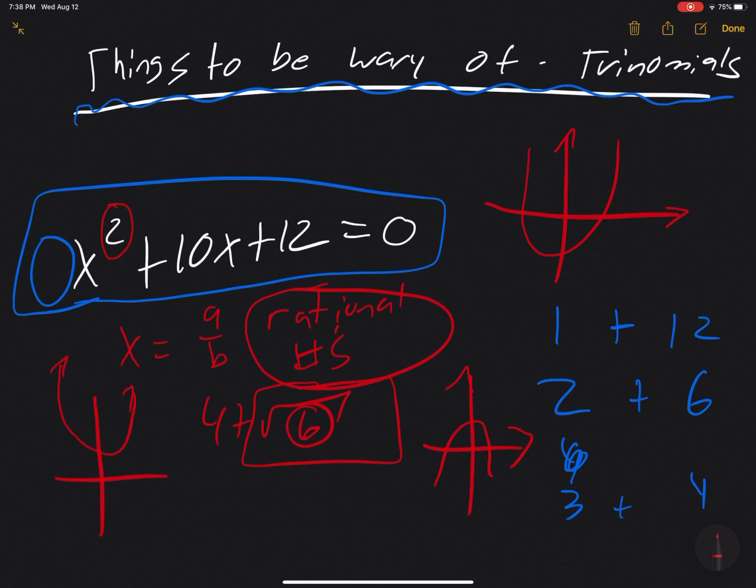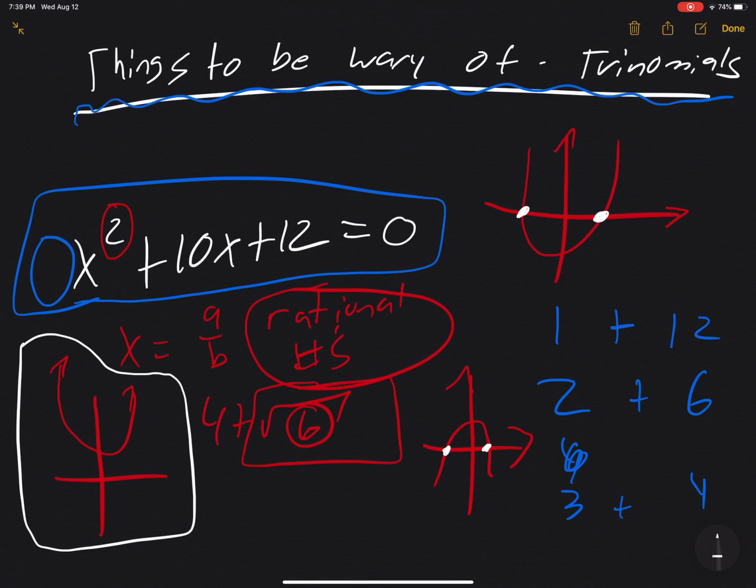Because these solutions, these factors that we're finding, are these points right here, the values of x such that the equation is 0. Over here, there are no values of x where this equation touches y equals 0. There are no values on the x-axis where our parabola touches the x-axis. So we could either not have any rational solutions, or we could have no solutions.